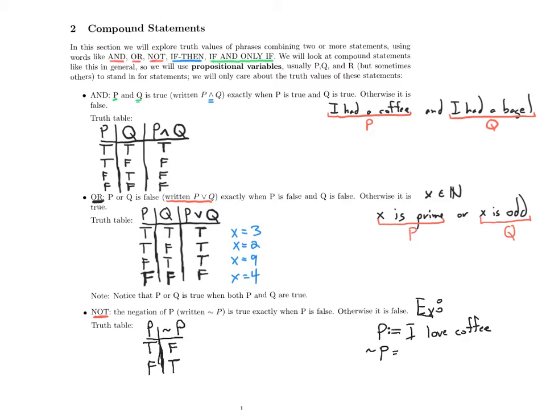So if I love coffee is false, it's just I don't love coffee. So keep that in mind, that when I'm negating something, it has to cover all my possible bases.